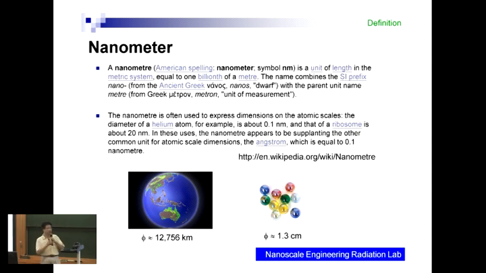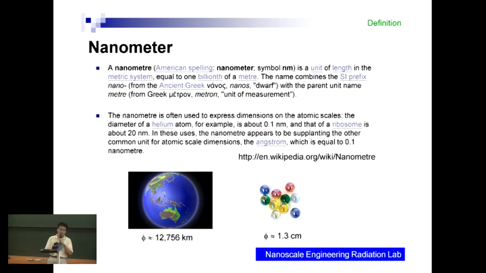I said, well, nanometer is a dimension. Okay? Actually, it's called nanometre, and the American spelling is nanometer. It combines two words. The prefix is nano. What is nano? 10 power minus 9. Meter, everybody knows that.